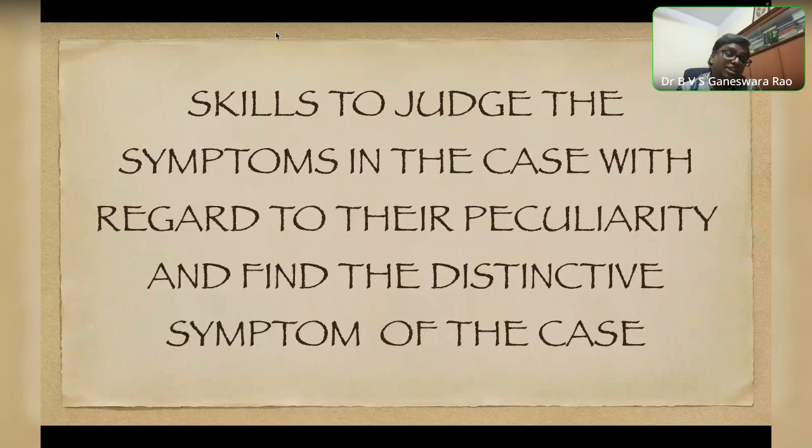And the skills to judge the symptoms presented in the case with regard, as I said. And a well-structured schedule that can be used to assist you in giving a homeopathic prescription and enabling the patient to go through a fast and accurate recovery.